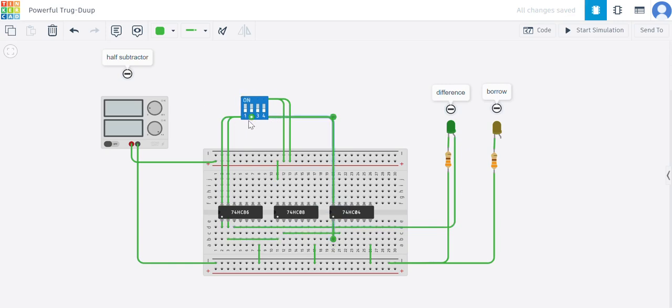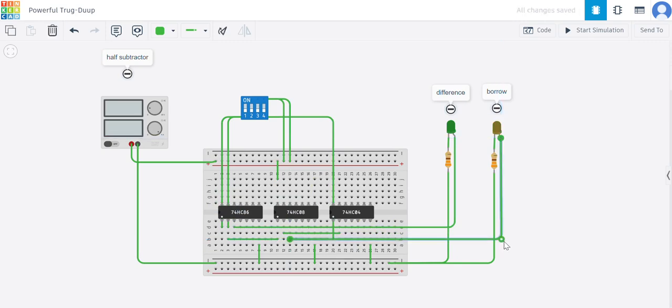So we connect it here, and now our AND gate is ready. It has one input as A bar, which is the NOT gate here, which comes from input 1, and the second input is B, which comes from input 1B of the XOR gate. We now have the output 1A ready at the AND gate, and we connect it to the borrow.